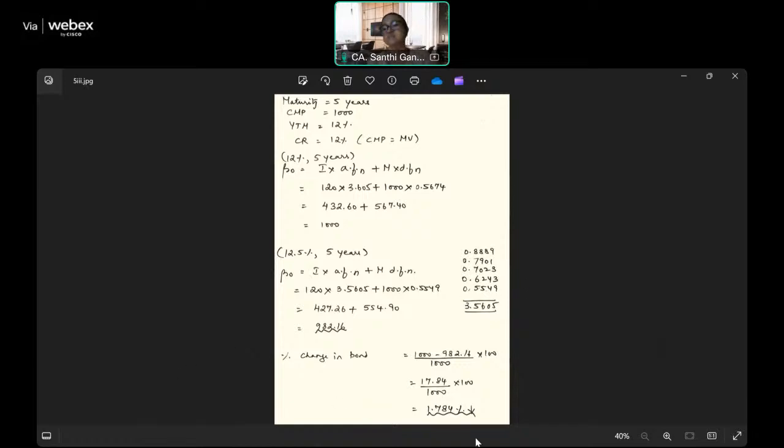Both will give the same result. That is the meaning of this. The short-term interest rates and the long-term interest rates are perfect substitutes. That is the meaning, and we do this.